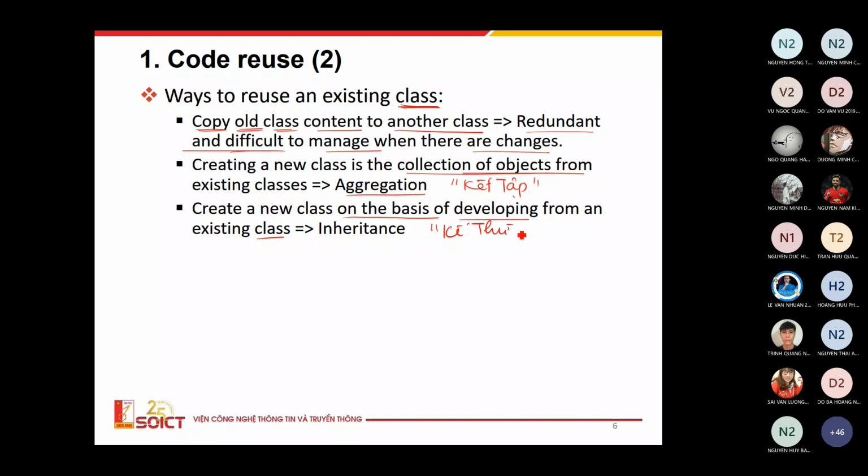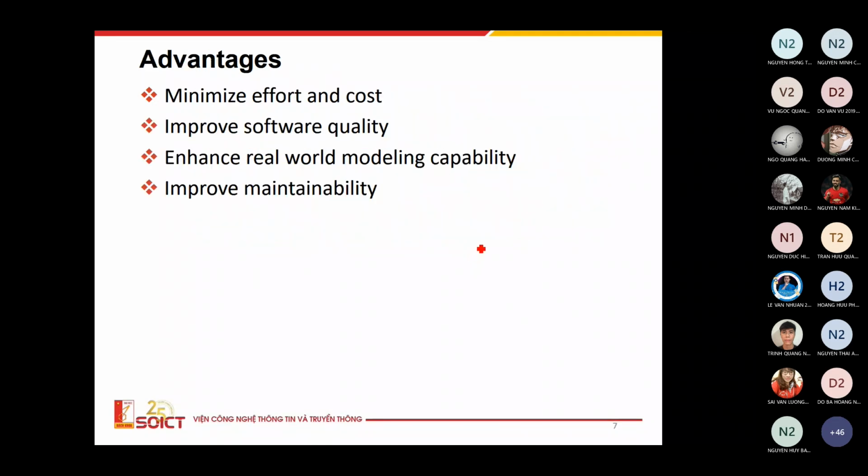Là tạo ra một lớp mới nhé, bằng cách là phát triển từ một cái lớp đã có. Đấy, bằng cái cách là phát triển từ một cái lớp đã có thì chúng ta có thể gọi nó là kế thừa nhé. The advantage of the class reuse is you can minimize the effort and the cost.